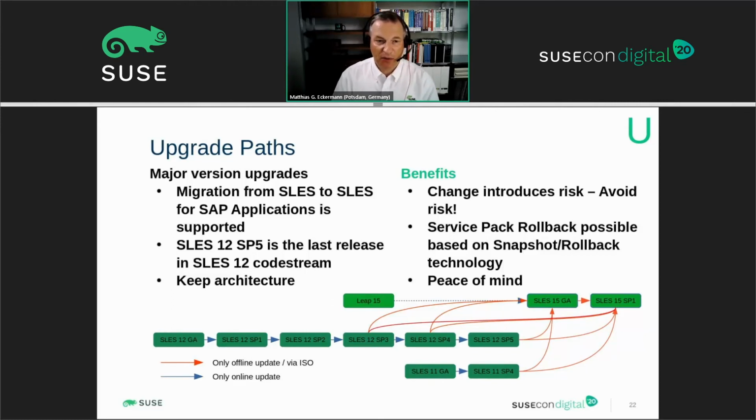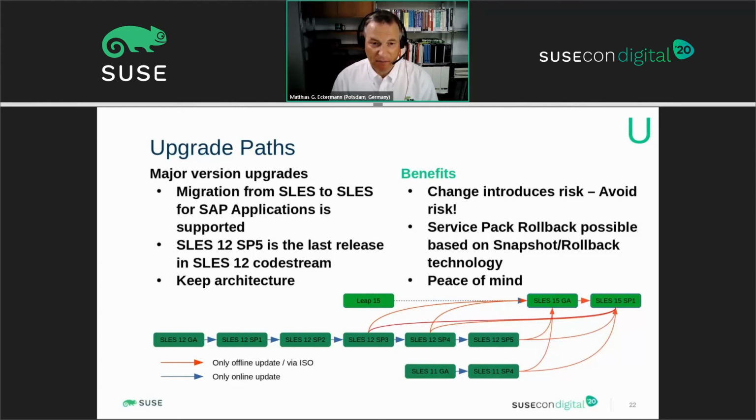You can upgrade from 11 to 15, from 12 to 15, you can upgrade within 12, and you can certainly upgrade within 15. I also talked about closing the leap gap: you can also upgrade from openSUSE Leap 15 to SUSE Linux Enterprise 15.